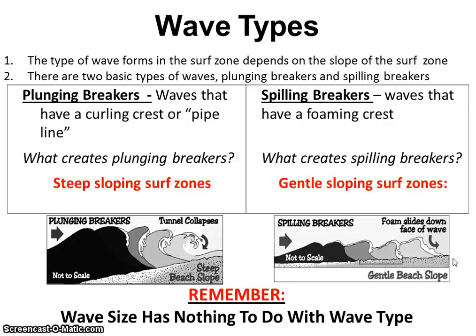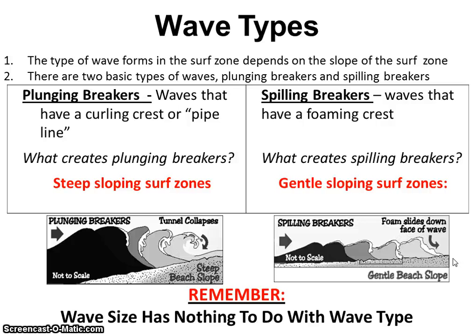You can have very, very large spilling breakers if fast-blowing wind blowing over a long distance for a long period of time produces a wave on a gentle sloping surf zone. You can produce very, very small plunging breakers if soft-blowing wind blowing over a short distance for a short period of time blows into a steep sloping surf zone.